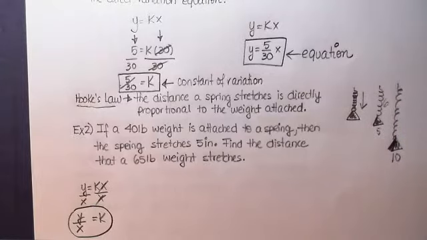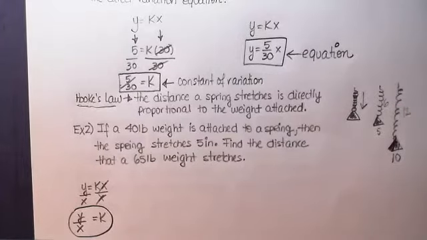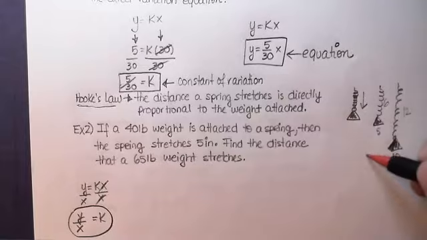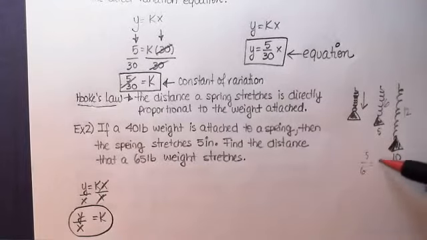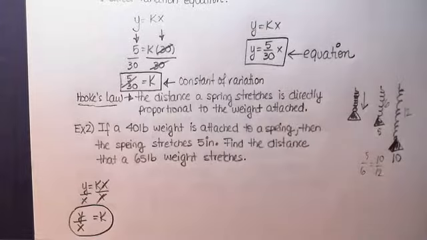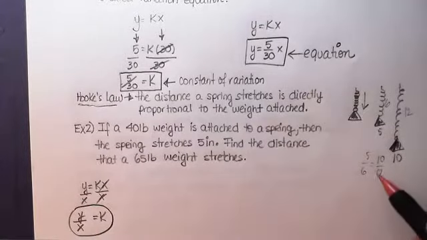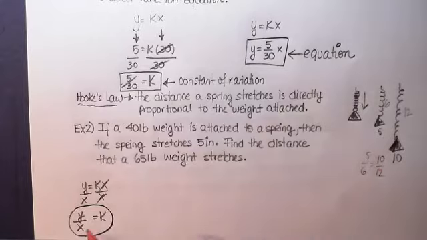And over here it would stretch by 12. Because as you can see, 5 over 6 would be the same as 10 over 12. Okay, basically that's what this is saying. It doesn't matter, the situation is going to be a constant. It's going to always be the same.